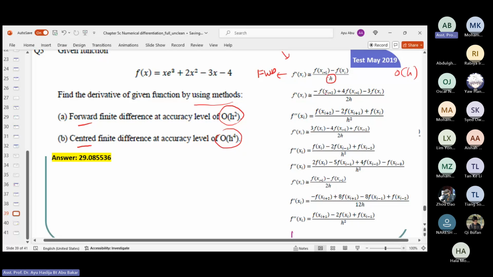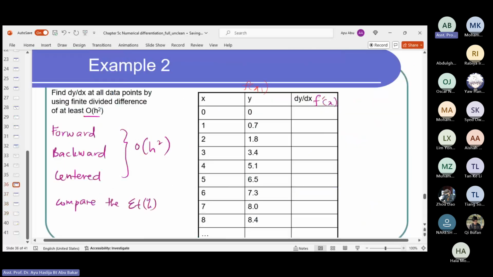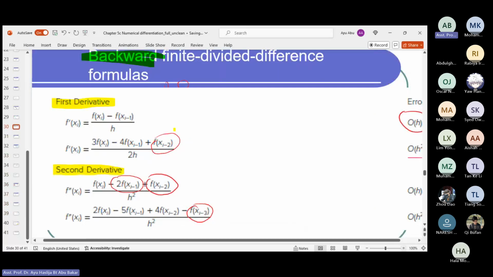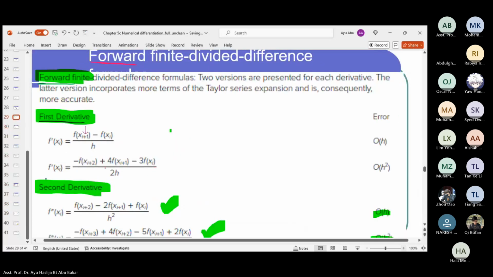Now this one, x i plus 2, i plus 1. So this one refers to this. Let's confirm on the forward. Yes. First derivative, forward, higher order.